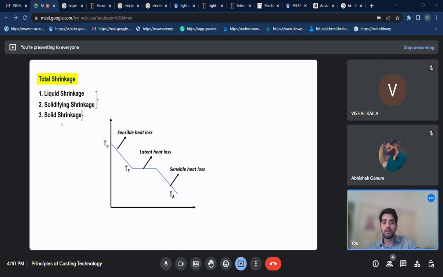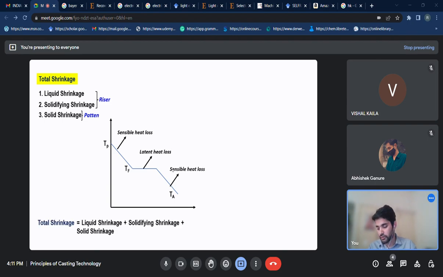This is in this region. The second one is the solidification shrinkage, which is the contraction resulting from cooling from the liquid to the solidus temperature. This is due to the latent heat loss, and it occurs in this region. The third one is the solid shrinkage, which happens in this region. The liquid and solidification shrinkages are compensated by the riser, and the solid shrinkage is compensated by the pattern.